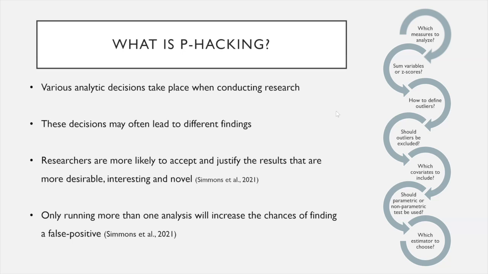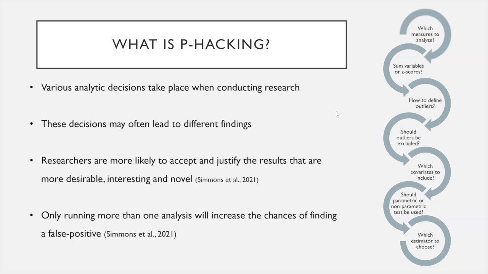And as they explain, in order to test a hypothesis, a researcher often has to make many analytical decisions when conducting research. For instance, should outliers be excluded? How to define these outliers? Which covariates to include? Should parametric or non-parametric tests be used? And others.